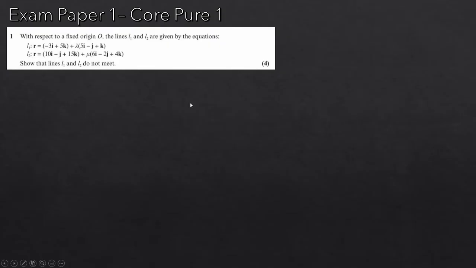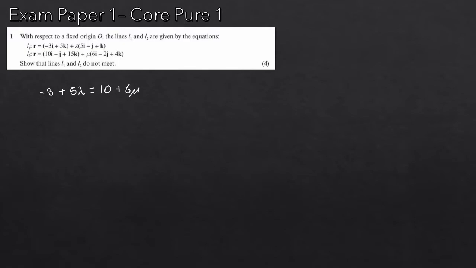So we've got to make minus 3i, so I just call it minus 3, plus 5 lots of lambda, well, that's got to be equal now to the other corresponding part of L2. So that's got to be equal to 10 plus 6 lots of mu, or plus 6 mu. Okay, do the same again.